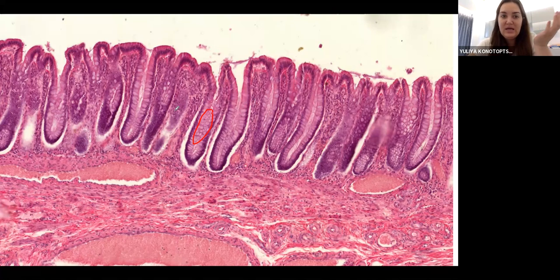Basically, your entire epithelium here just consists of goblet cells. They're the only cells which you can see here. Of course, occasional simple columnar cells with microvilli at the top, so enterocytes, are visible here as well, but still the majority of the cells here are goblet cells.